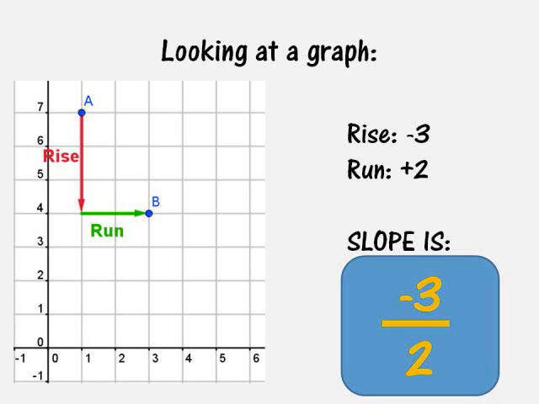The horizontal distance would be 2 units to the right. Since we went down, our rise is a -3. We went to the right, so it's a +2. Again, your slope is a fraction of rise over run. Our rise is -3, our run is 2, so our slope is -3/2.